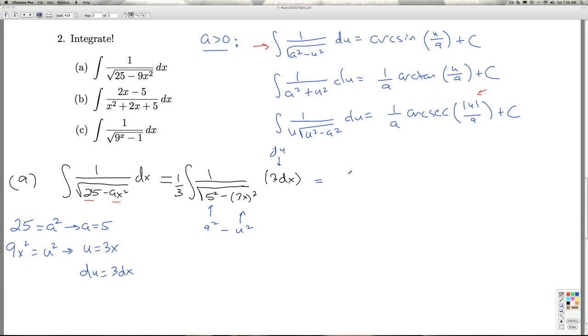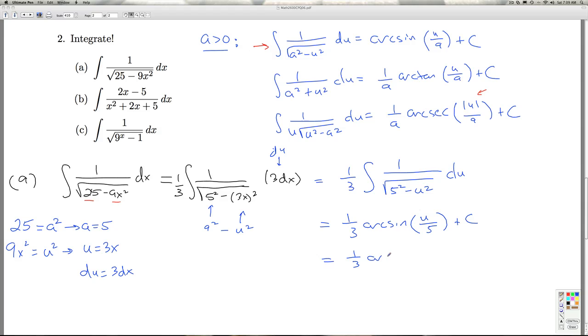And so in the land of u, I get 1/3 integral 1 over the square root of 5 squared minus u squared du. And I can apply this formula now with a equal 5, and so I get 1/3 arcsine u over 5 plus c, which is 1/3 arcsine 3x over 5 plus c.